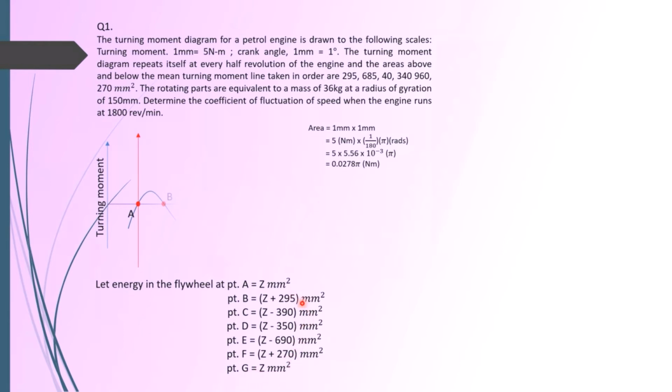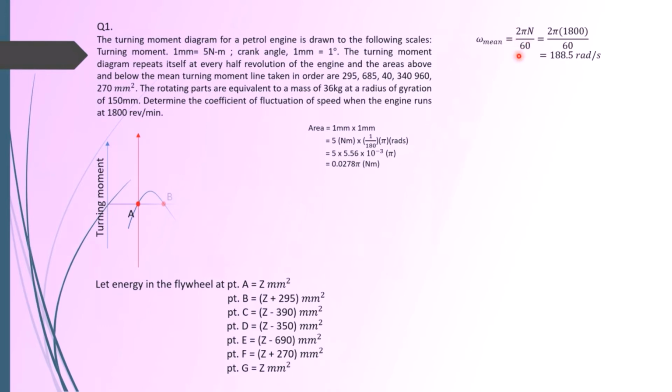From here, with all these values, which one would be the maximum? This would be the maximum. This would be the minimum. From this, we will be able to find out the greatest fluctuation of energy, that is delta W. Before that, convert the mean speed, which is in RPM, revolutions per minute, into radians per second.